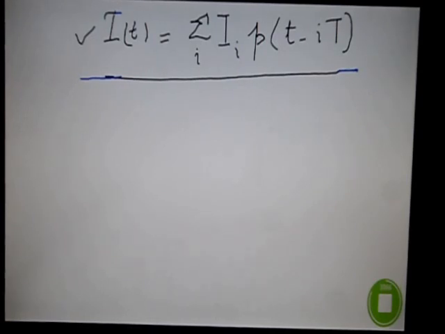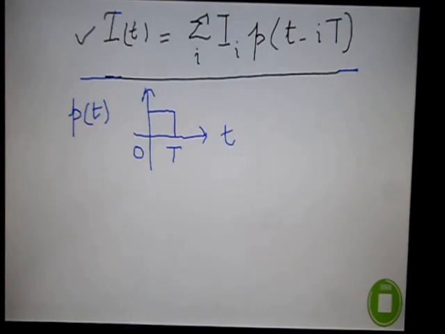Now if you recall, first of all let me draw p of t. If you recall your p of t, it's just a very simple, very basic pulse, and we said that it's a pulse from 0 to capital T. So this is a simple pulse, positive 1, from 0 to T. And if you recall your knowledge of signals, the notation p of t minus capital T would be just a delayed version of this pulse.